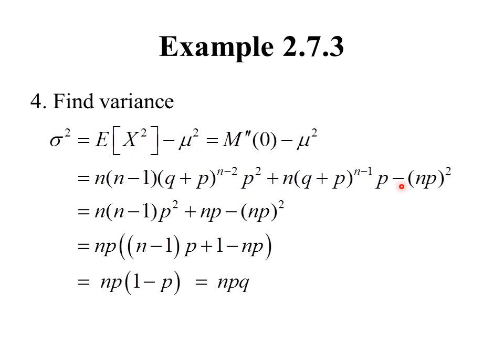This first part of this next line, that's our second derivative evaluated at 0. There's mu squared. Clean it up. The details here aren't terribly important. This is just algebra. And what we end up with is this right here, npq. So there's a simple, easy to use formula for the variance of a random variable with a binomial distribution in terms of the parameters n, p, and q.